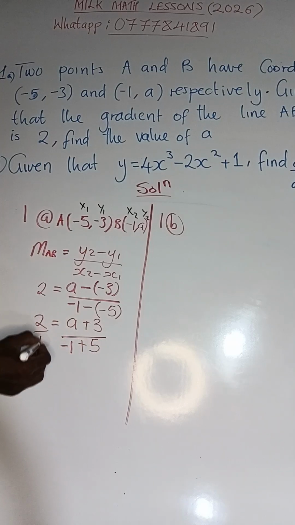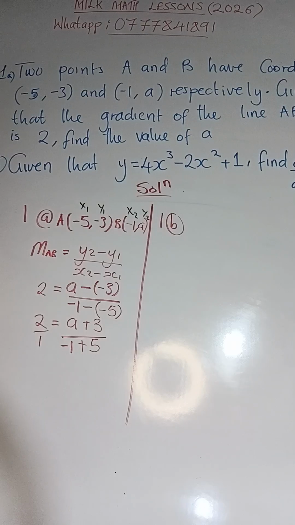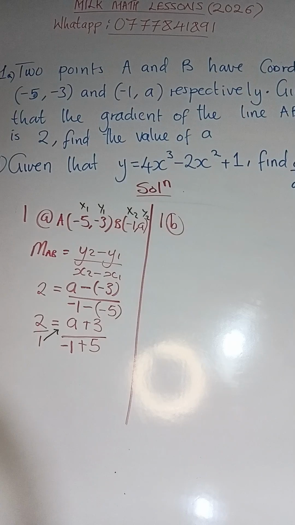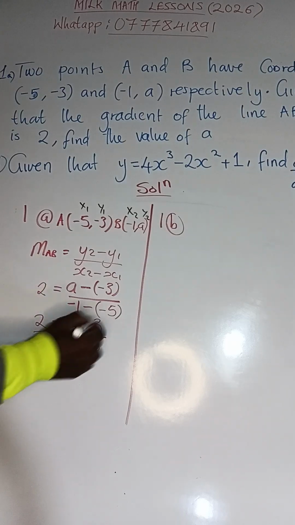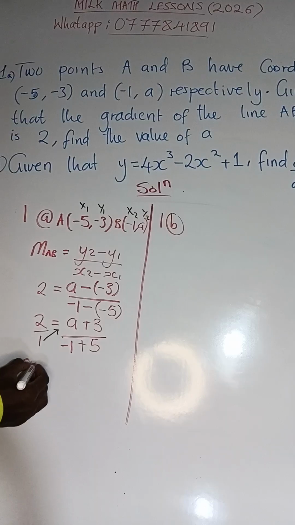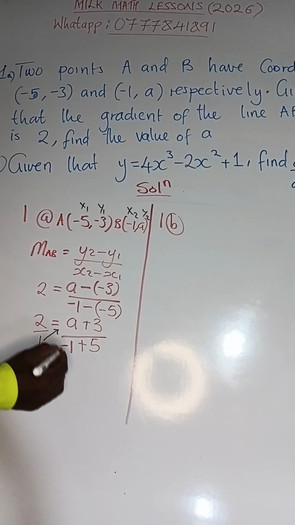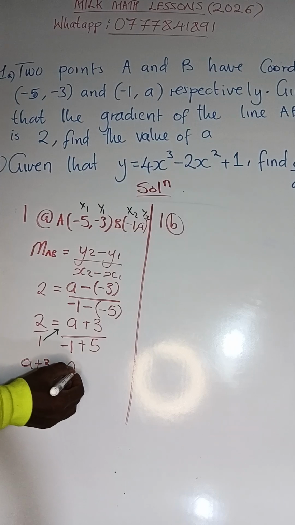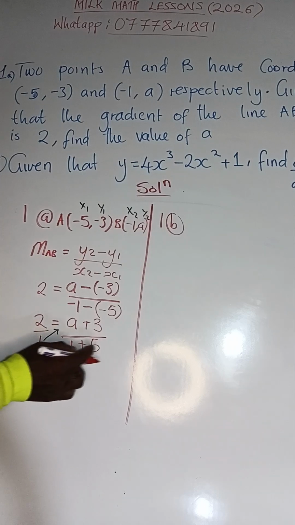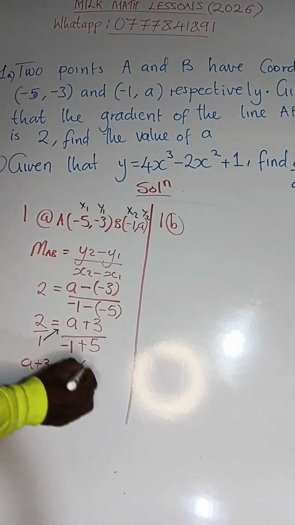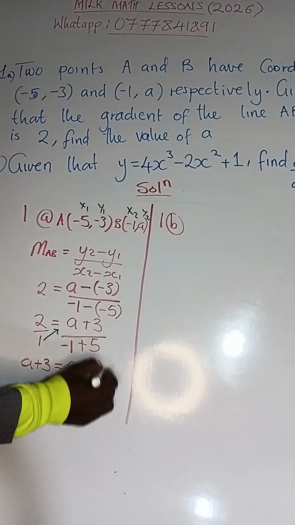Then divided by 4. Now we multiply 4 times 2, and everything on this side we are going to have a plus 3 equals 2 times 4. This plus this is this plus this. The answer here is +4, right?